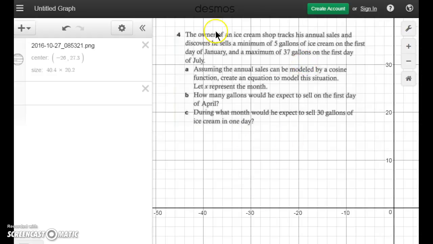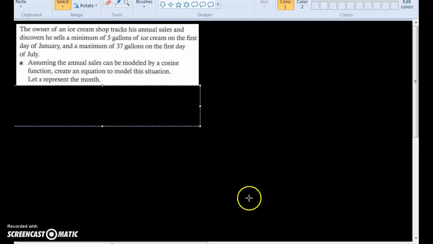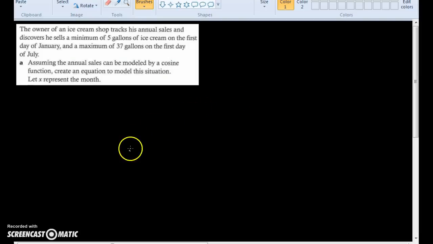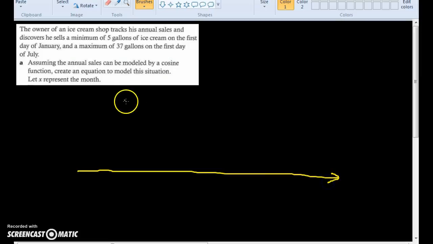If I switch to my Paint right now, I'm gonna draw some stuff. Let's put down my X and Y axis. This is just a sketch, right? So this is January, let's say 1, and 2, 3, 4, 5, 6, 7.